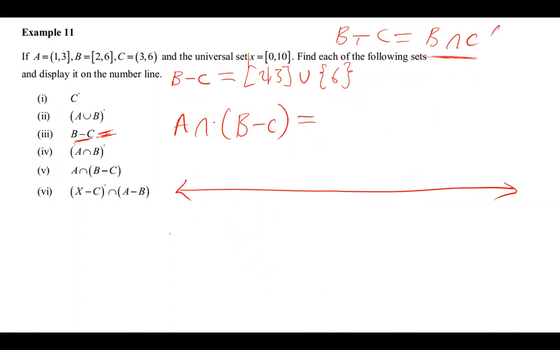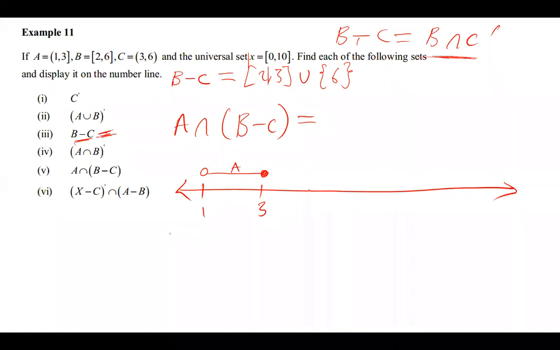This one is just there for finding the solution. So we put A on the number line. A is simply ranging from 1 to 3. It's open at 1 and it's closed at 3. So this is our A.